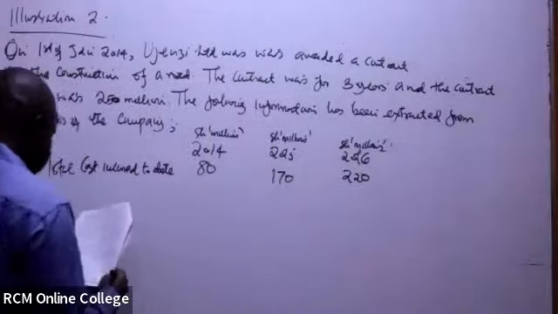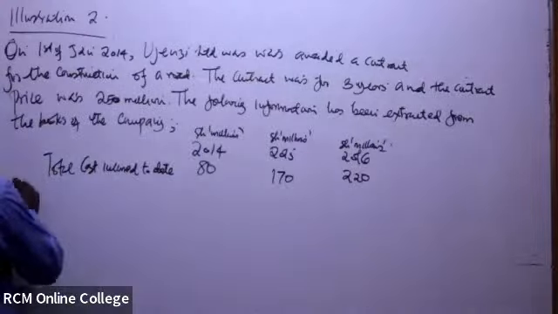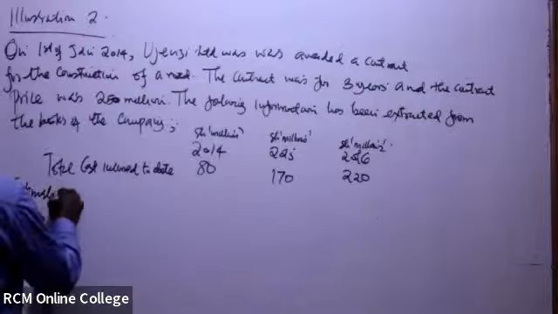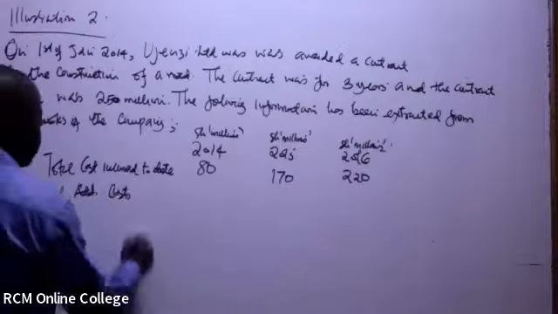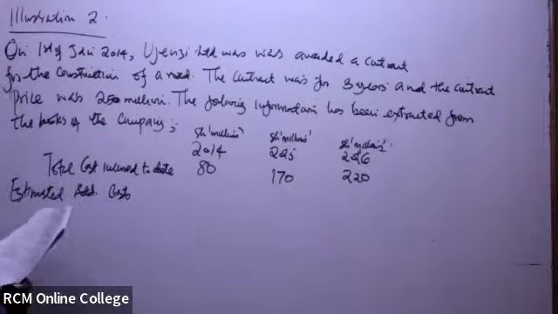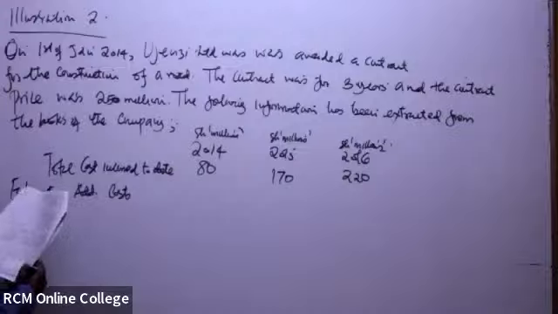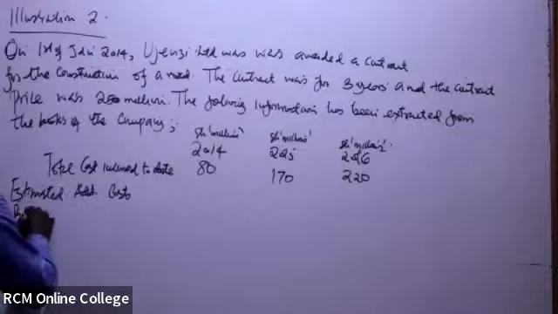Then you have estimated additional costs. Then billing made during the year on the contract.